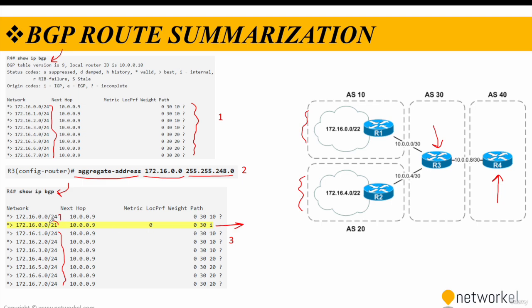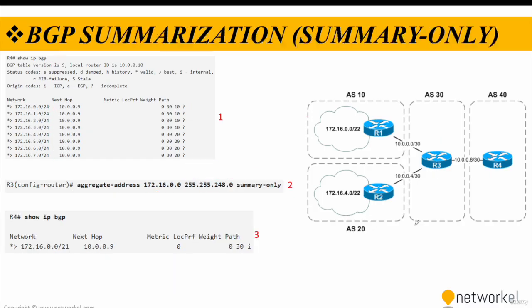You could see that the subnet mask is /21, same as what I configured here, with the same next hop. So all these networks are still being advertised, and on top of that there is a summary route being advertised from router 3 to router 4.